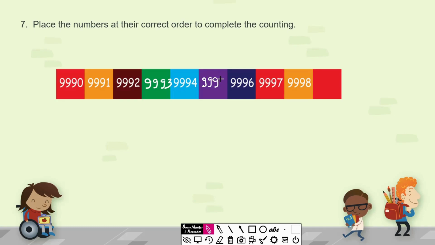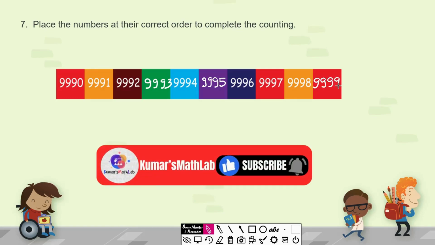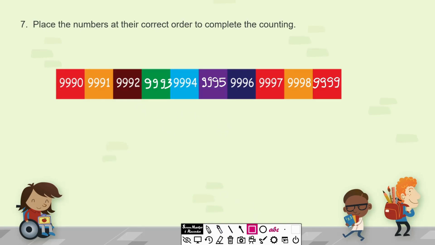Come on, tell me quickly. Very good, my loves. 9996, 9997, 9998 and 9999. Good. So this is how we should complete it.